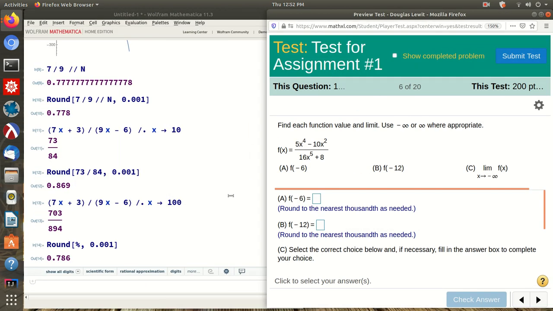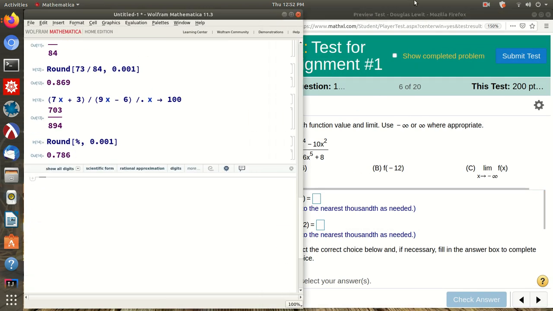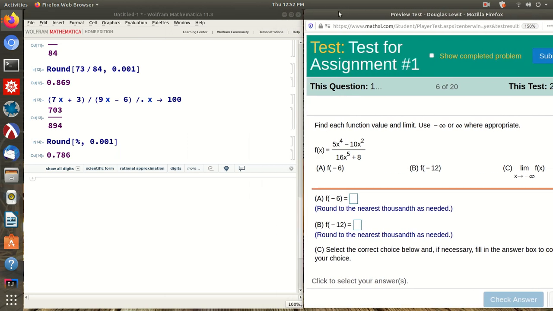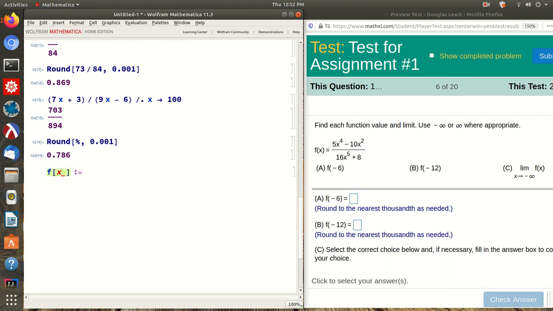For this one, we're going to define a function, f of x, 5 times x to the power 4 minus 10 times x to the power 2, divided by 16 times x to the power 5 plus 8.